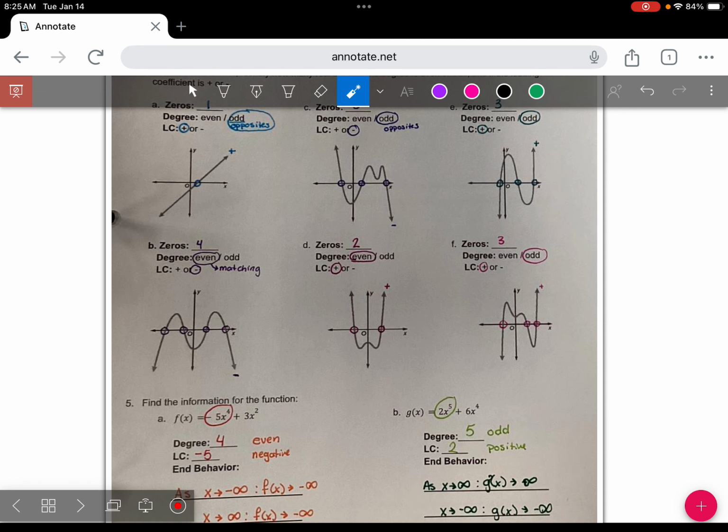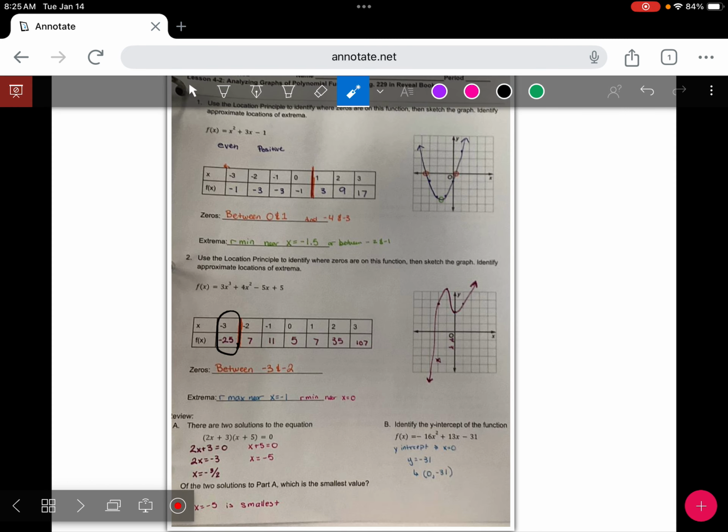Okay. Let's look at 4-2 then. It should have looked like this for the front side. We had a parabola, we had a cubic.